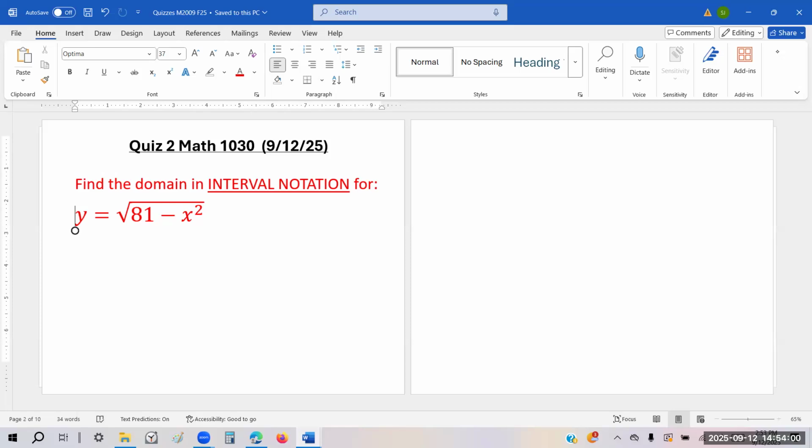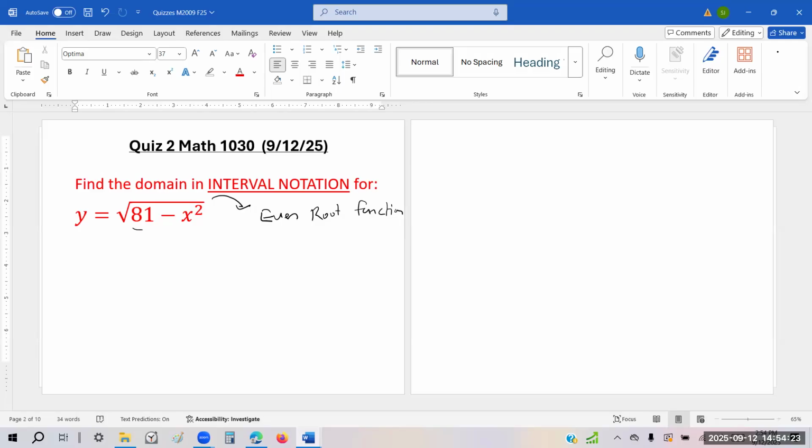No problem. What type of problem do we have? What type of function do we have? Square root function, or even root function. What's wrong with an even root function? What is our problem? It cannot be negative.